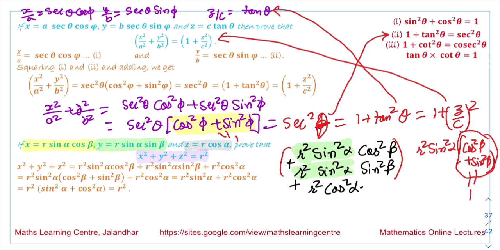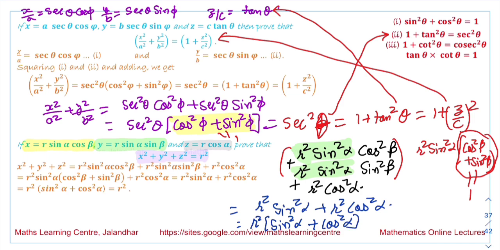So this whole expression is equal to r square sine square alpha plus r square cos square alpha. If we take r square common, we are left with sine square alpha plus cos square alpha. Sine square alpha plus cos square alpha is 1. So the answer we get is r square, and this is what we have to prove, that x square plus y square plus z square is equal to r square.